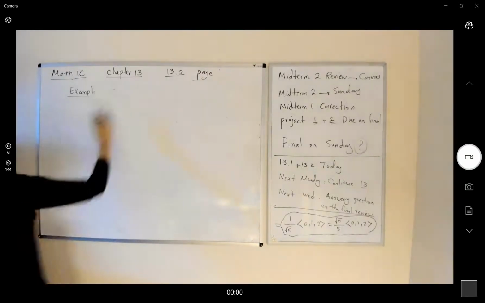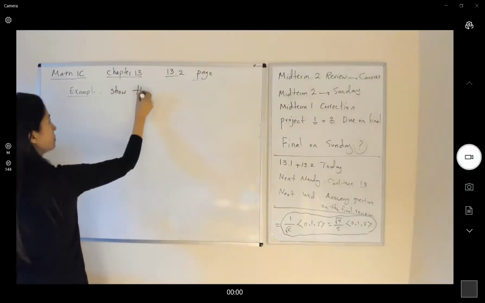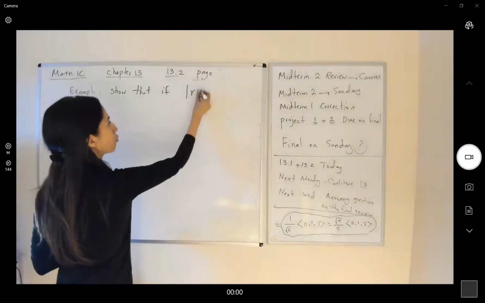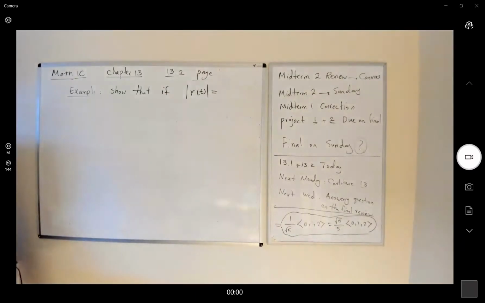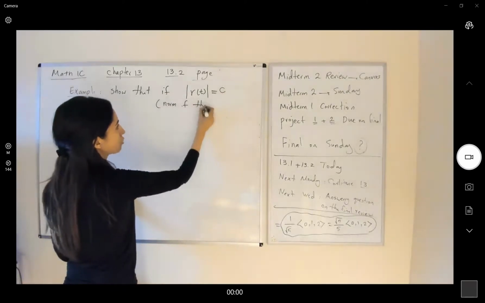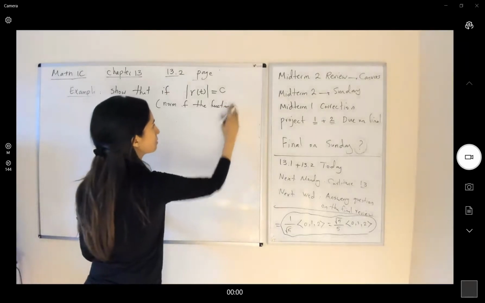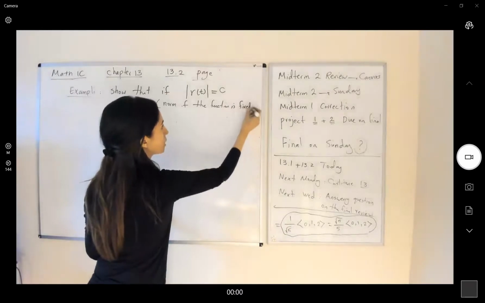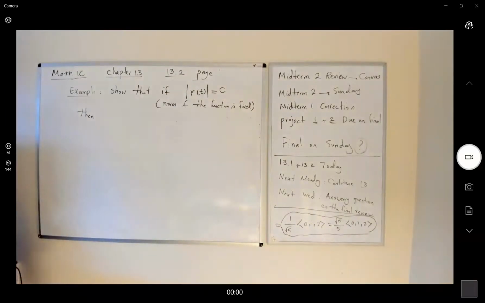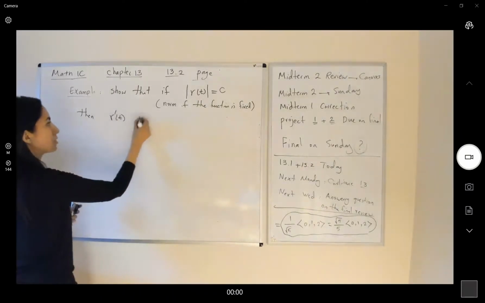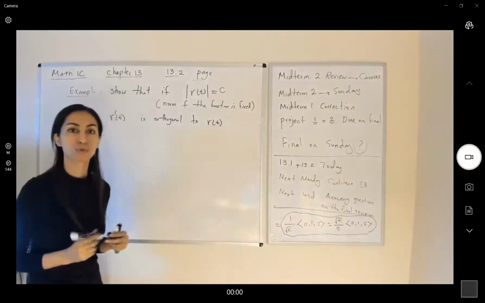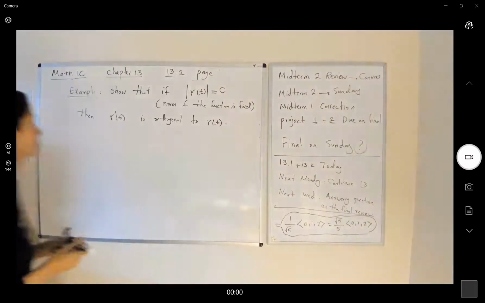This example says, show that if the magnitude or norm of your vector function is fixed, is equal to a constant, then the tangent vector is orthogonal to the curve of the function, to the graph of the function. There you go.